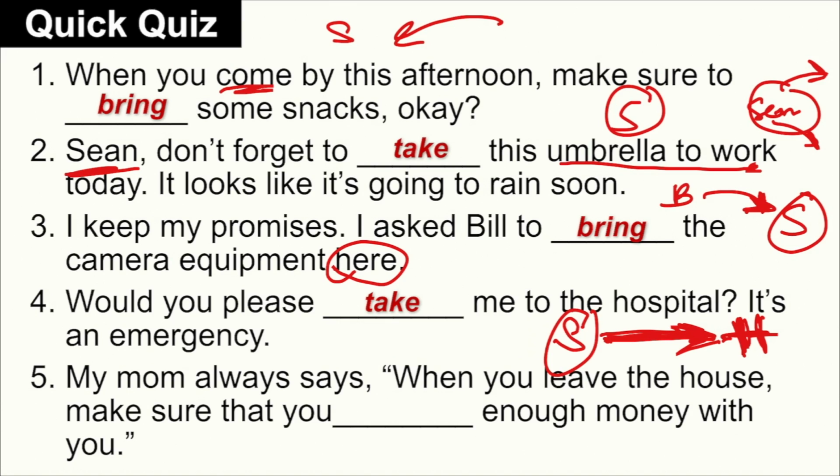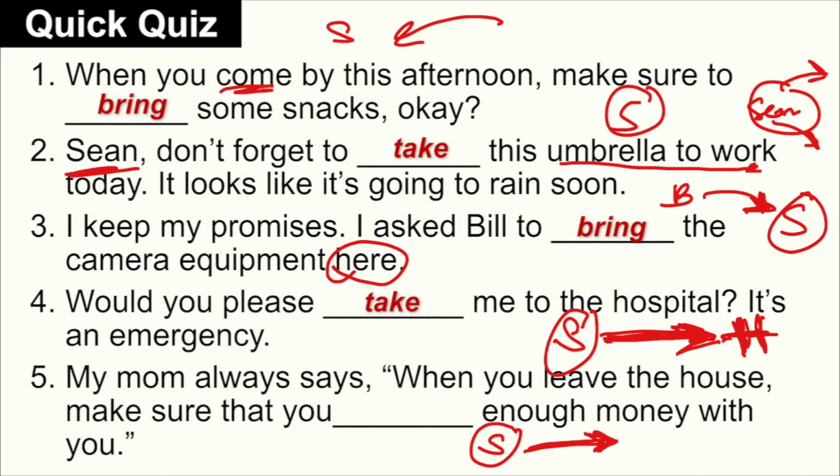Number 5. My mom always says, when you leave the house, make sure that you blank enough money with you. So again, ito ang speaker. Okay? May sabi daw ng nanay niya, anong gagawin ninyo? You have to blank enough money with you. So yung speaker, aalis, okay, palabas, at magdadala siya ng pera. Hindi siya papunta dun sa kausap, hindi siya pabalik.